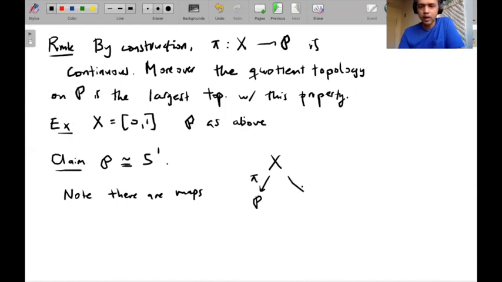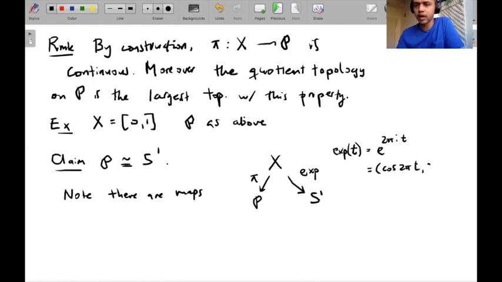And then there's a map to the circle, which is like the exponential map: t goes to e to the 2 pi i t, or cosine 2 pi t, comma sine 2 pi t.